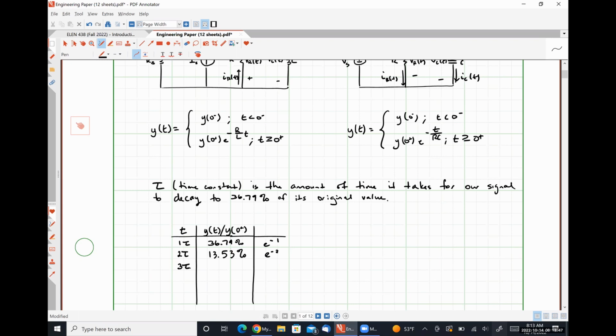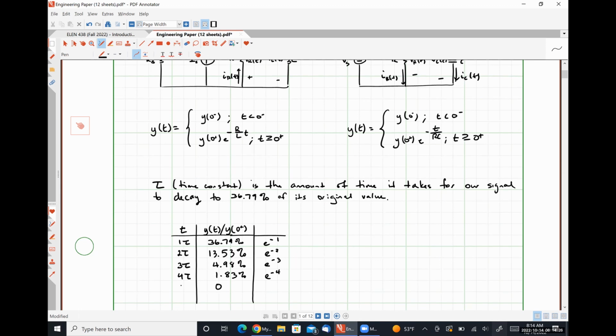In 3 time constants, our signal will decay to a value of e to the -3, or 4.98%. In 4 time constants, we're down to 1.83%. And in 5 time constants, we're down to 0.67%.